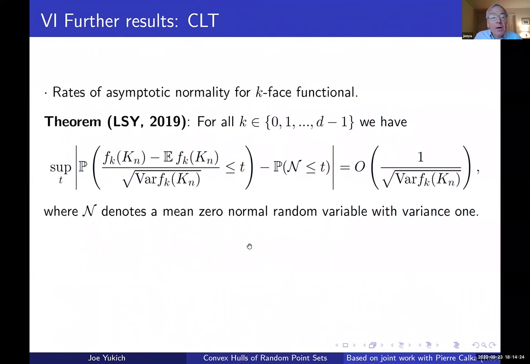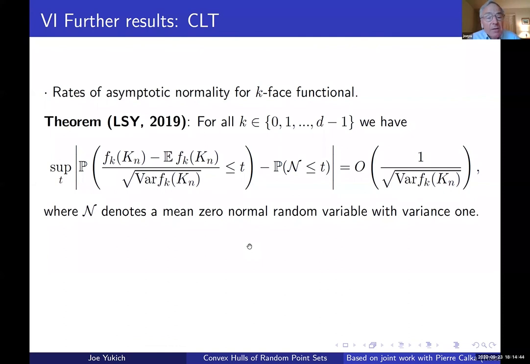One can also find rates of asymptotic normality for the k-face functional. This next result is due to joint work with Raphael Lachieze-Rey and Matthias Schulte. It was published last year.